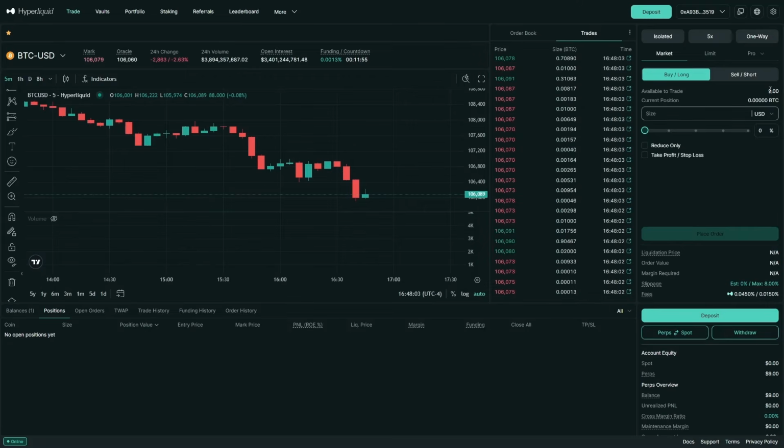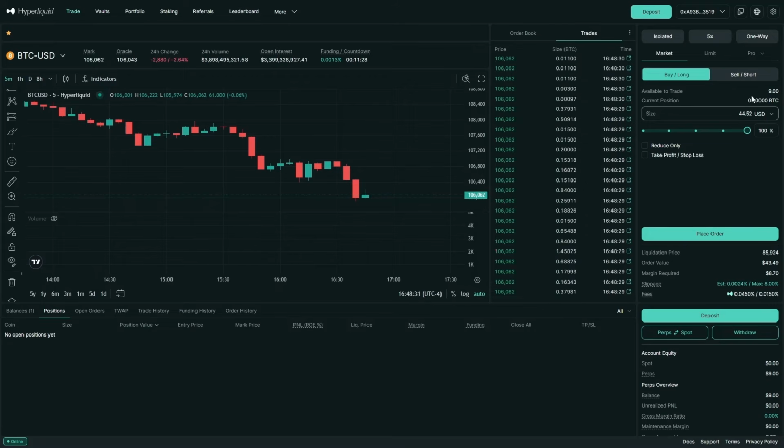So put my 9 in here, and then we can choose the size we want. Okay, and since I'm at 5x, the 100% is my 9 margin times that 5x, all right, with a little fee here. That's why it's 45. So that would be market. Now remember, when we do market, we are paying the taker fees. So the fees are a little bit more.